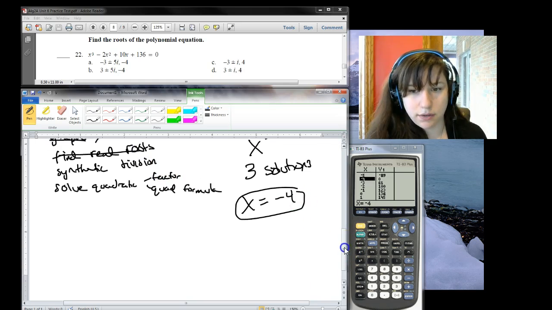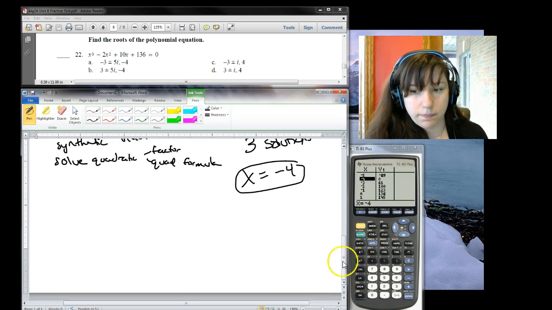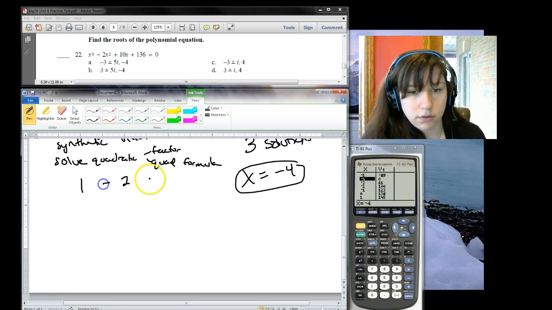Now I need to do synthetic division. So I'm going to check. I've got x cubed, x squared, x to the 0. So I'm going to write the numbers in front. And we're dividing by a -4.